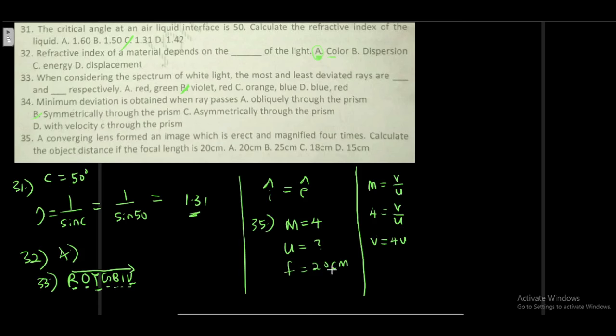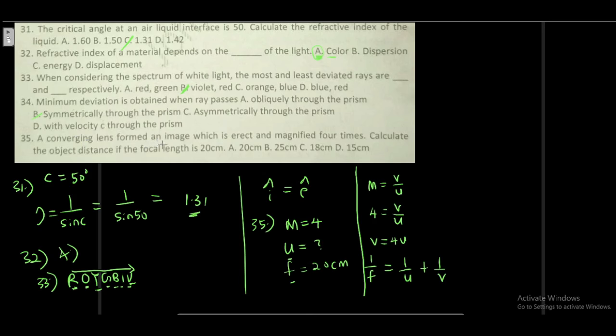Now, they said calculate the object distance. If we are looking for U, we need to make reference to our lens equation, which is 1 over F equals 1 over U plus 1 over V. But before we go on, we need to observe very well. This is a converging lens.